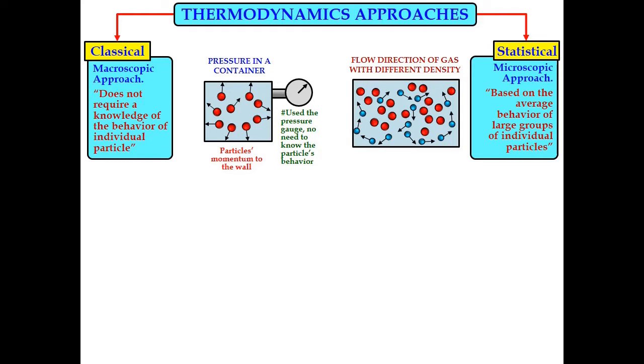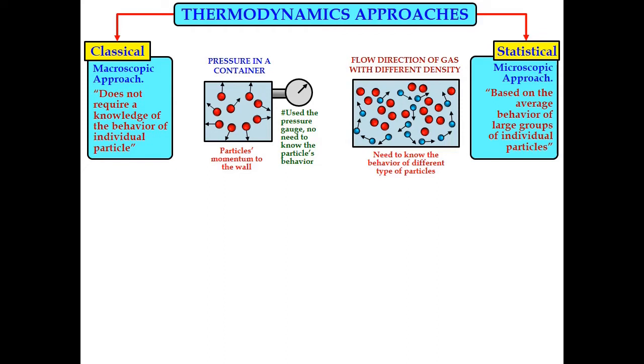For example, the blue circles represent the other type of gases with different density. By knowing the behavior, we will know how the other gases flow in the container or in the tank. So we need to know the behavior of different types of particles in order to make the conclusion or analysis of the mixture of gases in the tank.